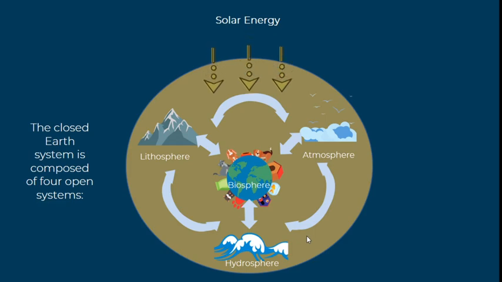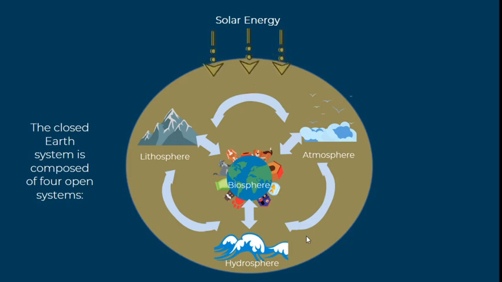Now the question: how are the two types of system, open and closed systems, connected with each other? The answer is that the closed system is comprised of four open systems. We have the atmosphere, biosphere, hydrosphere, and lithosphere.